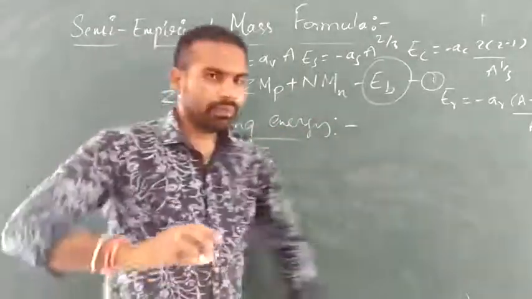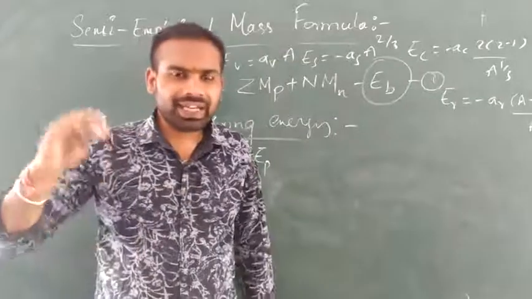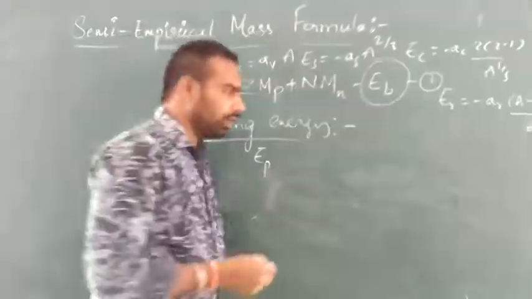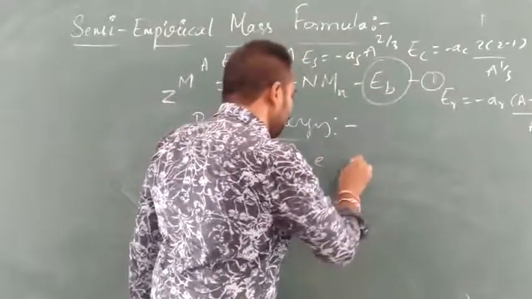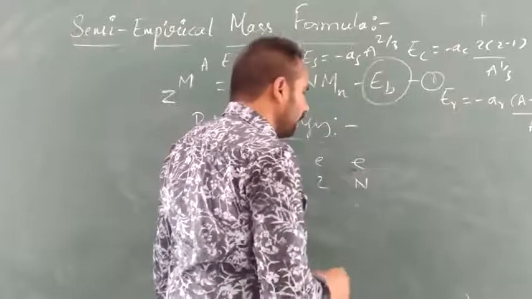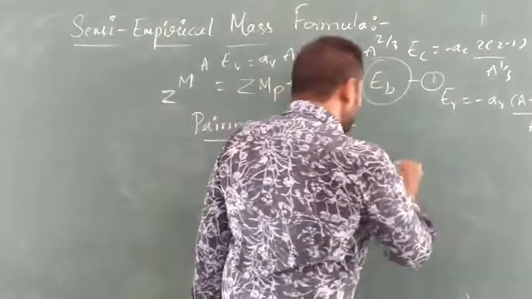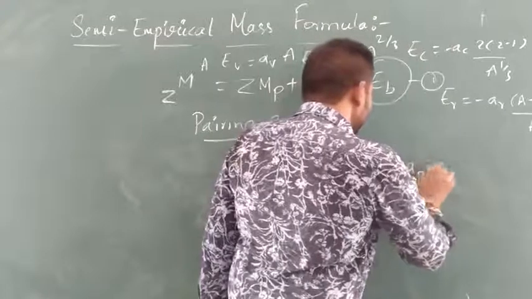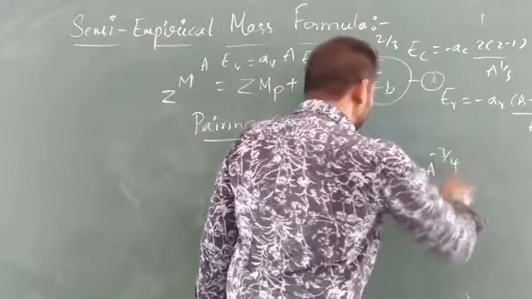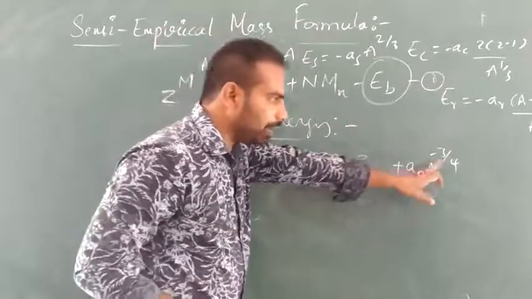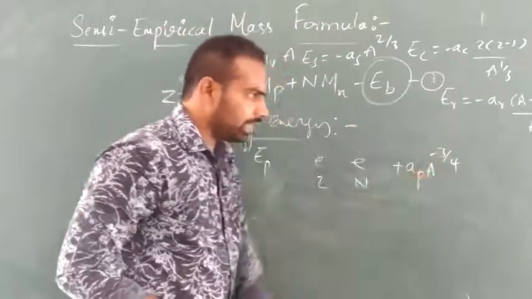If the nucleus has an even number of protons Z and an even number of neutrons N, that is a stable nucleus. Then the value is positive. The value of EP is given by plus A power minus 3 by 4.